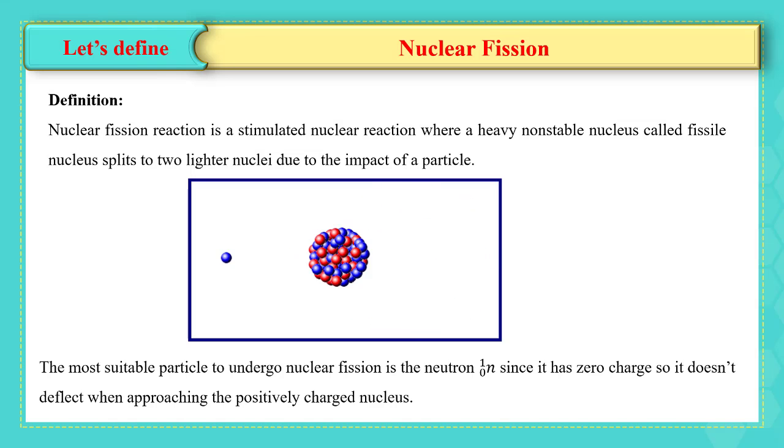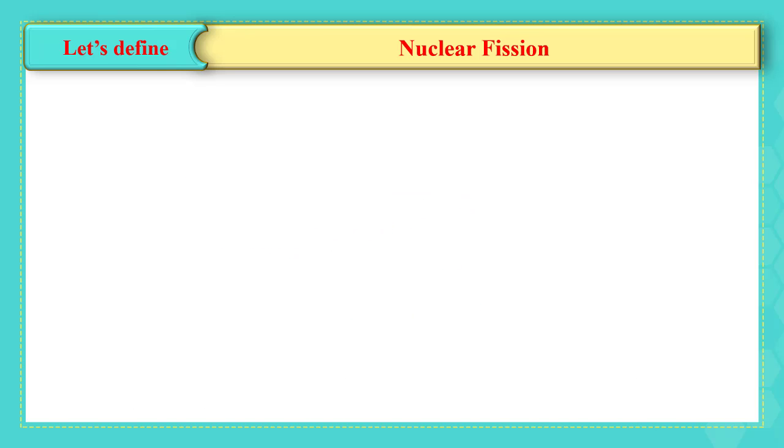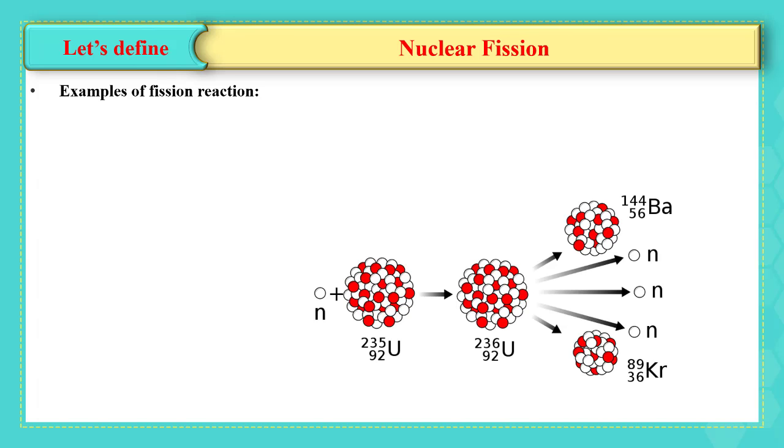Note that the most suitable particle to undergo nuclear fission is the neutron, since it has zero charge, so it doesn't deflect when approaching the positively charged nucleus. An example of fission reaction is shown here. We have a neutron with a small kinetic energy that interacts with a heavy nucleus called uranium, and this heavy nucleus becomes an unstable nucleus called fissile.